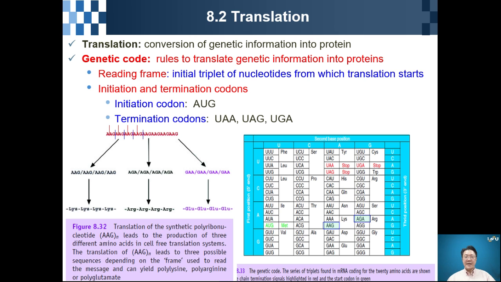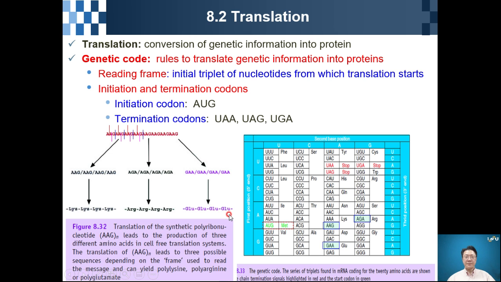In this case AGA encodes arginine, so it will make arginine, arginine, arginine, arginine. The final case is that the reading frame is GAA, GAA, GAA, GAA. In this case GAA encodes glutamate, so it will make polyglutamate like this.